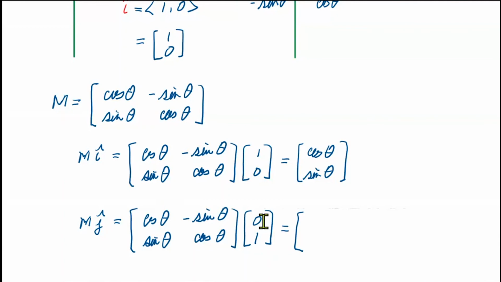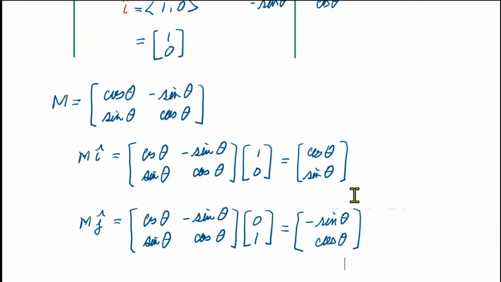This times this plus this times that, which is negative sine theta. And this one times 0. And that's exactly what we want it to be. So if you multiply this with the 0, 1 vector, it just picks out this column. You see why matrix multiplication is defined the way it is, and this matrix does the job.